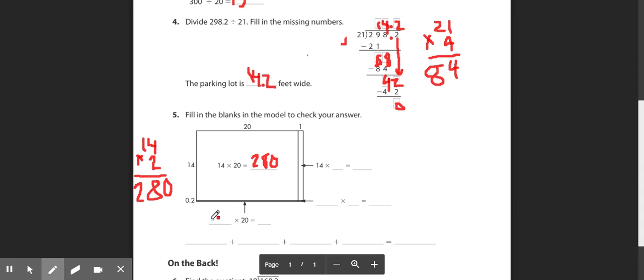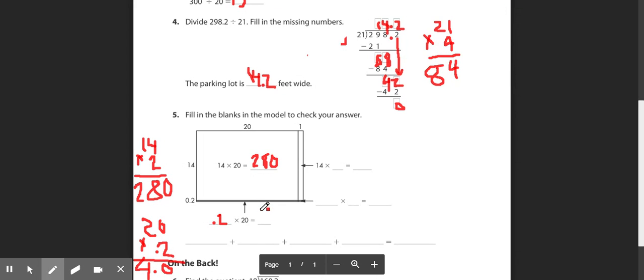Okay, now I'm going to do blank times 20, right? So I already used 14, so now I have to do 2/10. 2/10 times 20. So now I'm going to rewrite it this way, which you can do because you could use the commutative property, which lets you move the numbers around. They will still give you the same product. Okay, so 20 times 2/10. 2 times 0 is 0. 2 times 2 is 4. And I only have one place to move my decimal point.